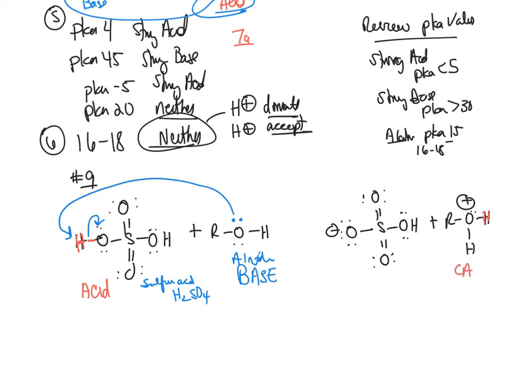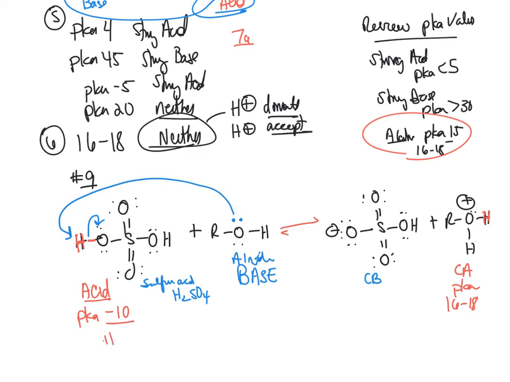This is your conjugate acid. This would be your conjugate base. And we assign pKa values to acids and conjugate acids. pKa is like -10 for sulfuric acid. pKa of your alcohol, 16 to 18. So majorly towards the product. So there's your conjugate acid, conjugate base.